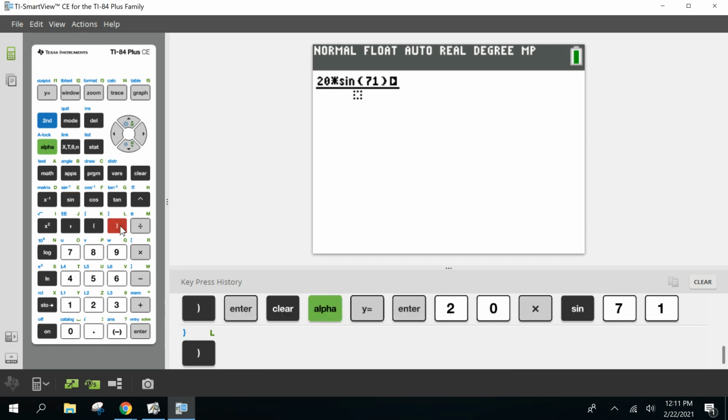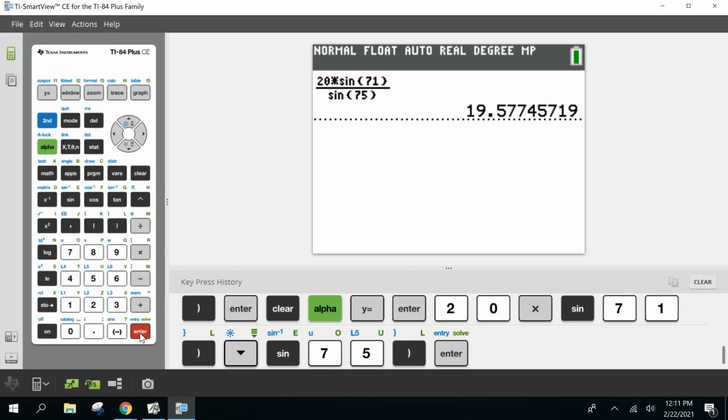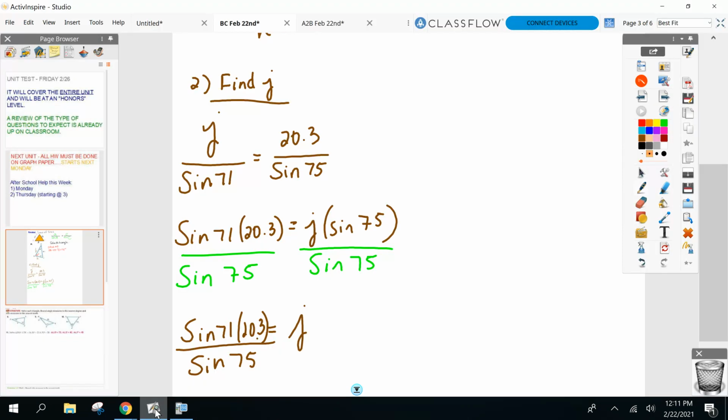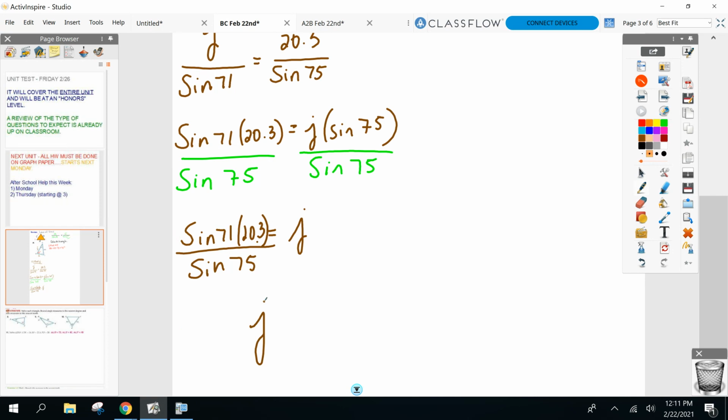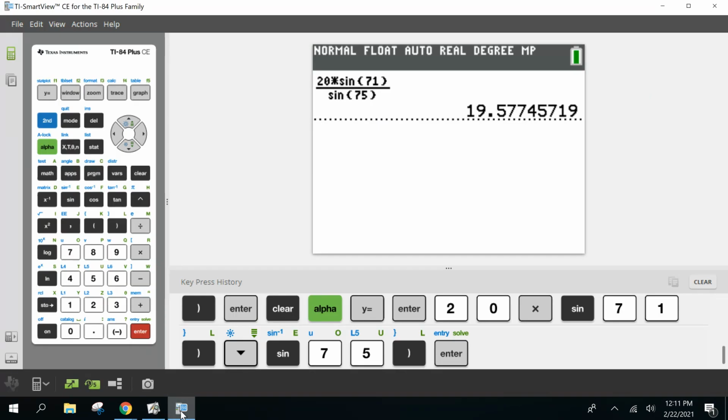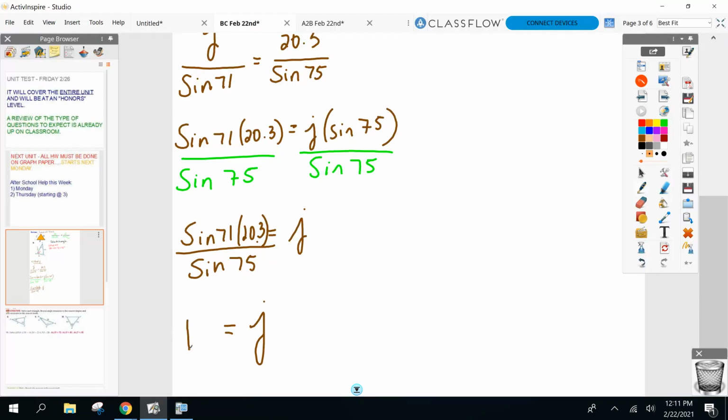And then on the bottom is the sine of 75. And I'll just round to the nearest tenth to make it easier on us, 19.6 to the nearest tenth. So J, I already forgot, 19.6. There it is.